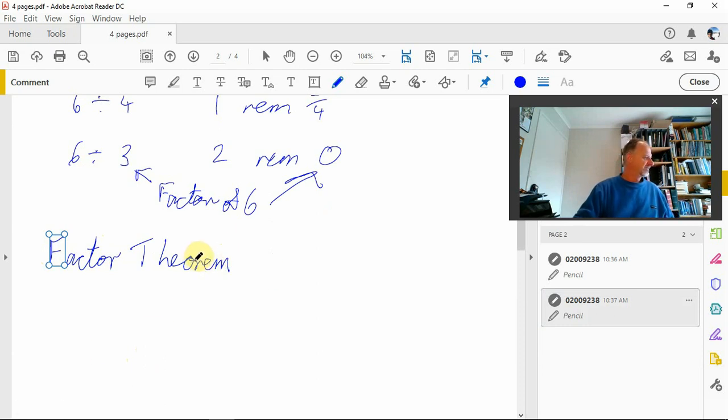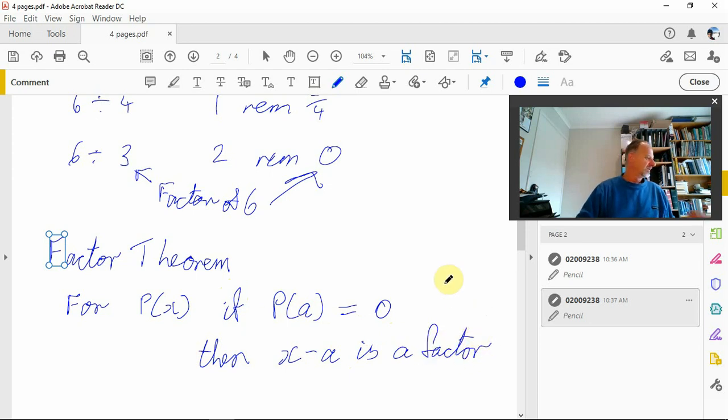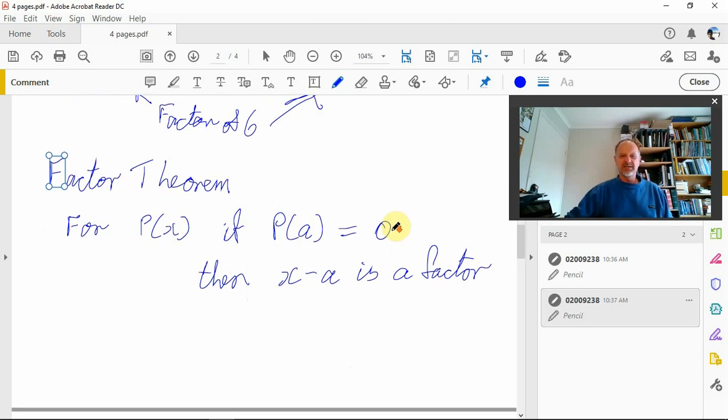It says for p of x, if p of a equals 0, then x minus a is a factor. All right, and so that's the basic form of it.